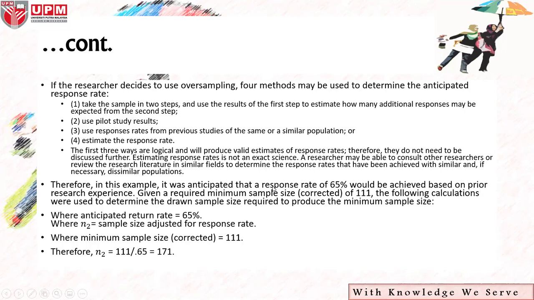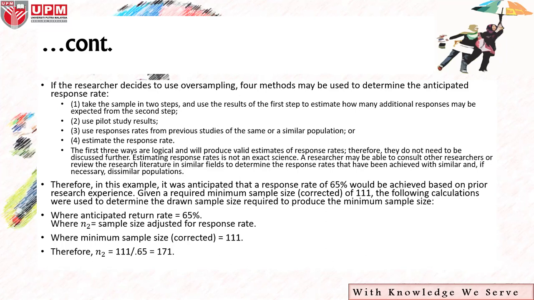Tak kira lah kalau in your study you want to use online survey. So the medium that you want to use is online survey. Then you refer to past study that also use online survey. So what are their response rates? So you use that as justification to oversample your sample. Boleh? Faham? Dapatkan respon rate tu daripada kajian lepas.